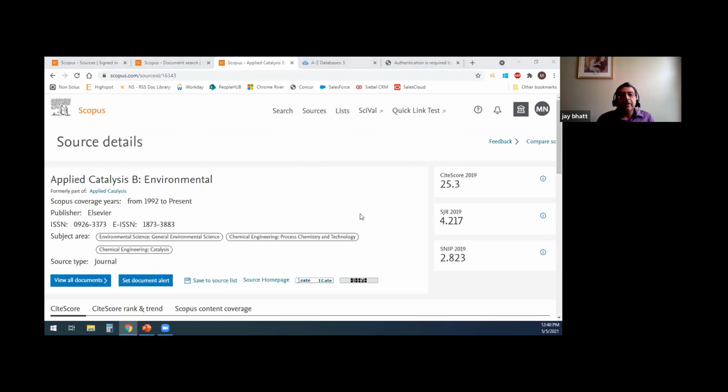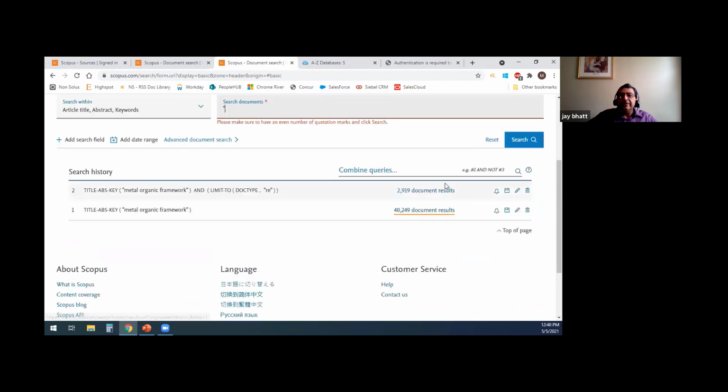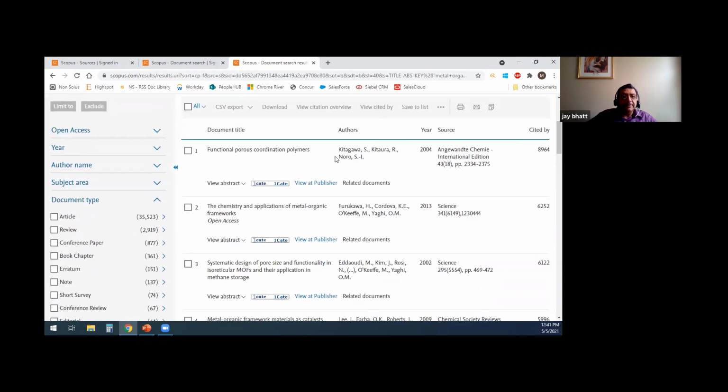Okay, excellent. One question I do have is how do we filter by conference papers, or if you're only looking for open access papers in a particular topic, are you able to find open access papers that can be accessed by others who don't have access to Scopus? Yes, you can.